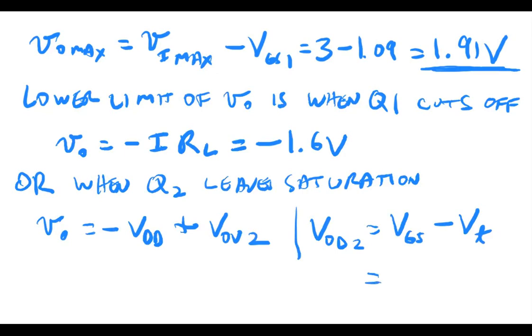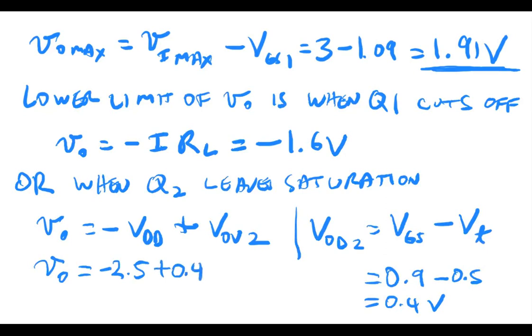This is 0.9. We have calculated that, and VT is 0.5 volts, which gives us that the overdrive voltage is 0.4 volts. So if we go here, for this second condition, we have that VO is minus 2.5, plus 0.4, and that gives us minus 2.1.